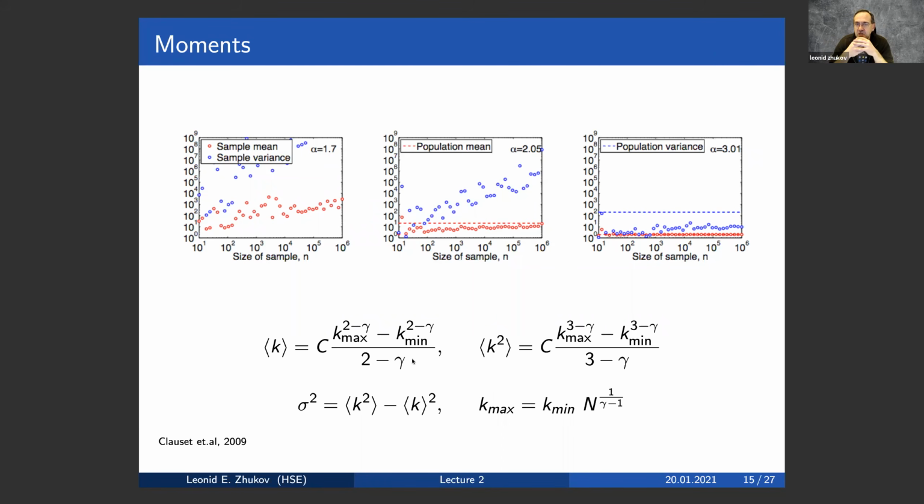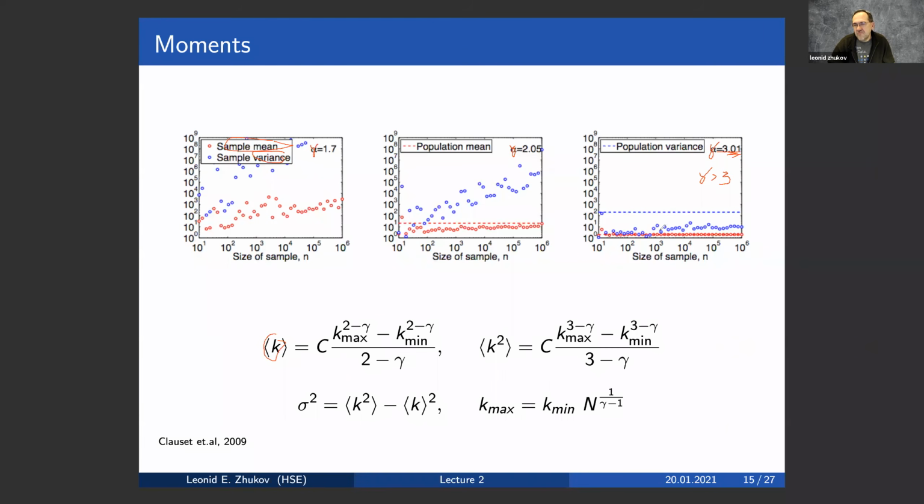And so what this shows is the following. Here, I copied these figures from some other paper, and this is gamma, our gamma in the equation, right? So when gamma is above 3, for example, here it's 3.1, what you have here is the average and the variance.